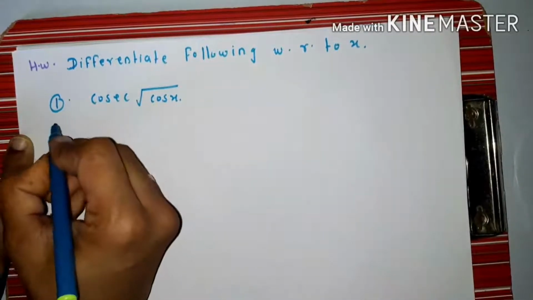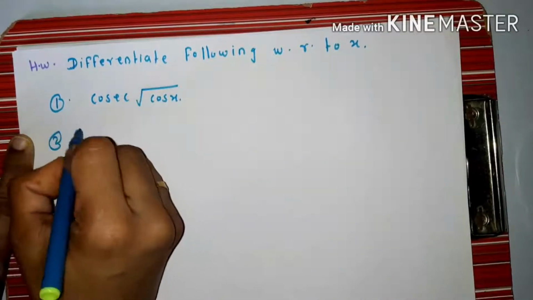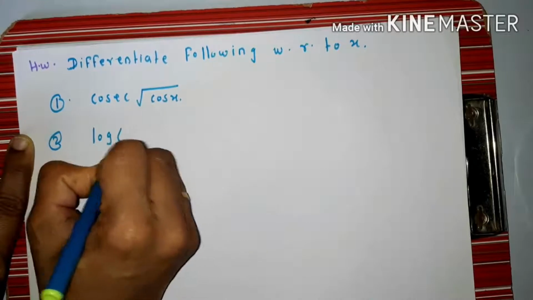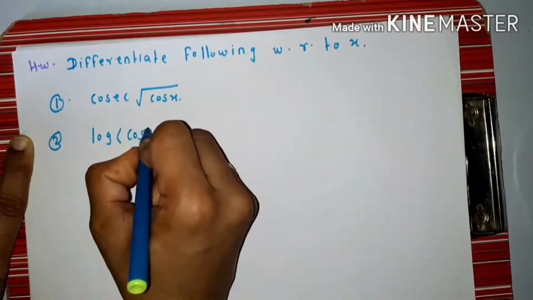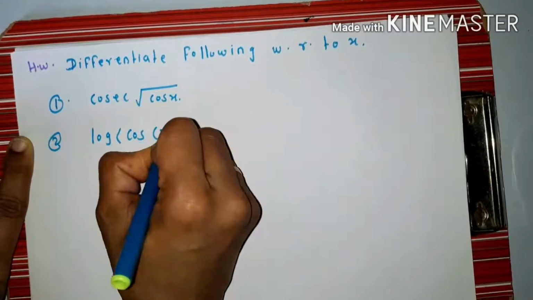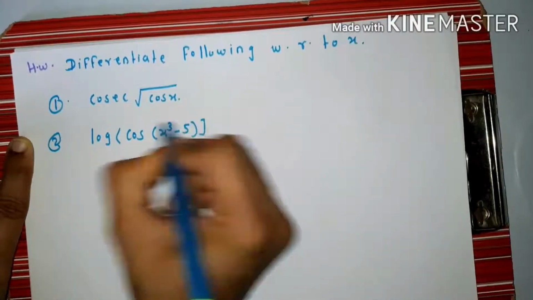Second one: log of cos of x raised to 3 minus 5.